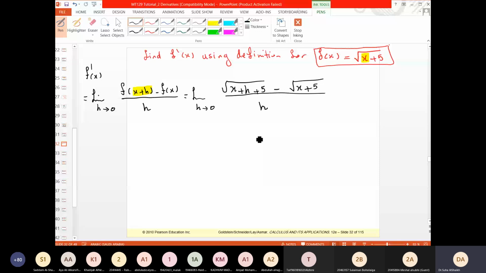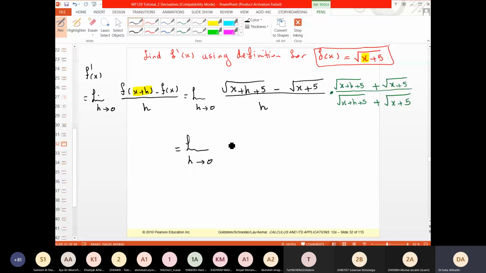So we multiply up and down with the root of x plus h plus 5 plus the root of x plus 5, and we divide with the same amount, the root of x plus h plus 5 plus the root of x plus 5. I still have the limit when h goes to 0. Now multiplying with the conjugate frees me from the root. The roots are gone in the top.